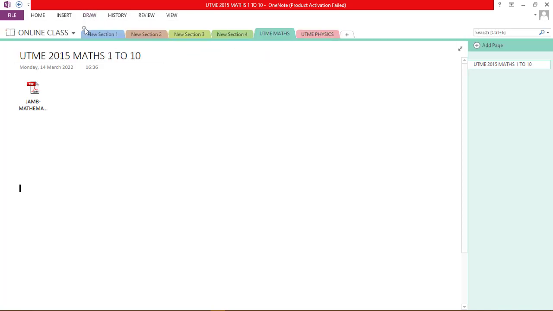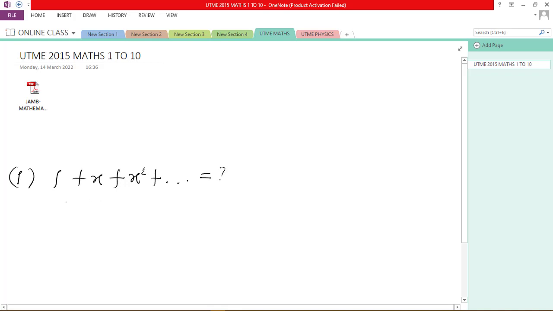So number 1 question says that 1 plus x plus x squared plus dot dot dot equals dash. From here, our first term a equals 1. Second term is x. Our third term is x squared.